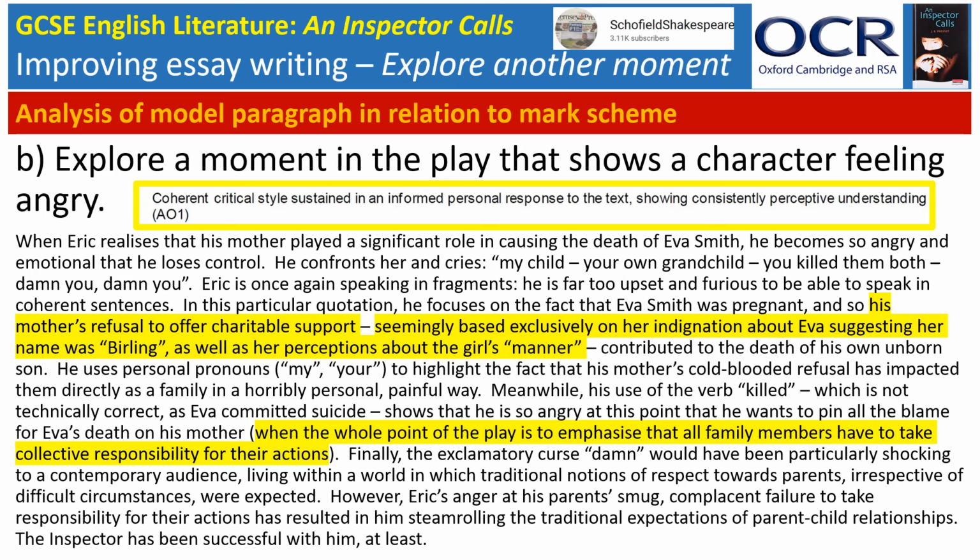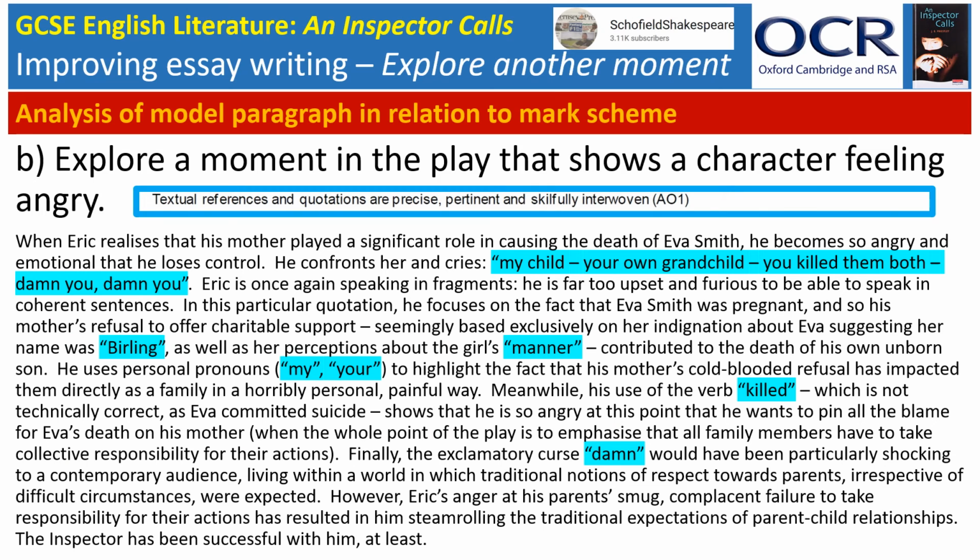I also spin out from the moment to show insight into the play as a whole. One key aim of Priestley is to emphasize the importance of all of those, especially those from the middle and upper classes, taking responsibility for their actions and being able to show compassion for those less fortunate than themselves.